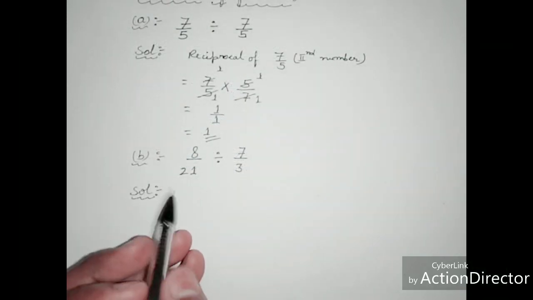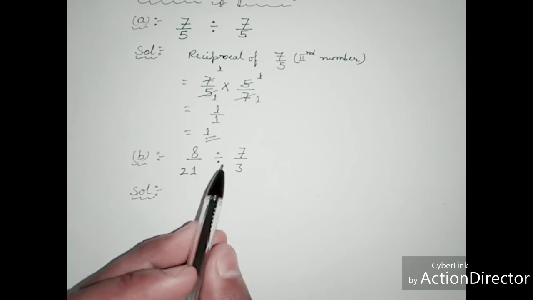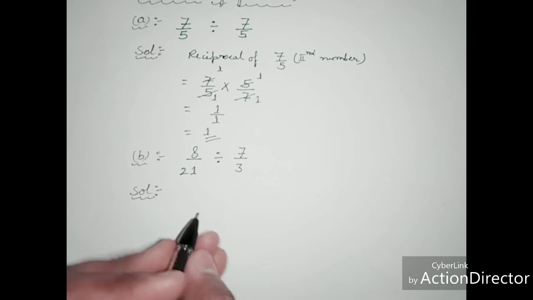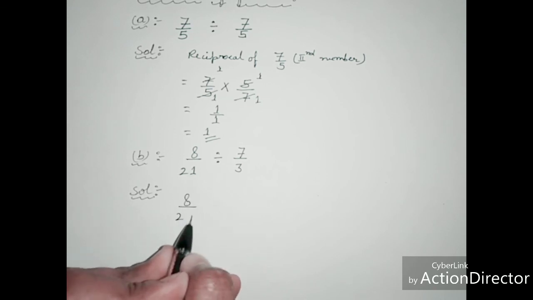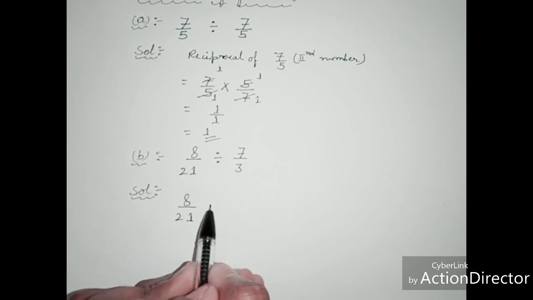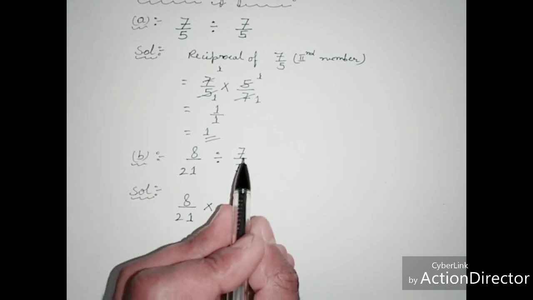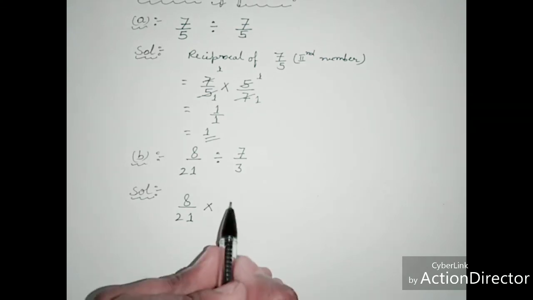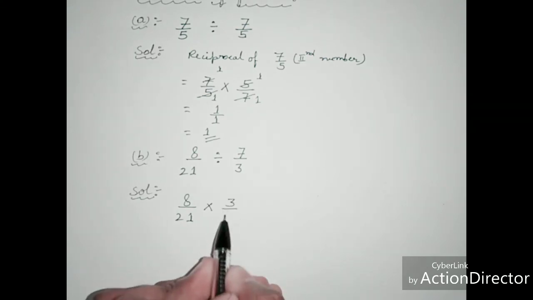Now example number B, 8 upon 21 divide by 7 upon 3. So first we take the reciprocal of 7 upon 3. So 8 upon 21, this divide symbol changes into multiplication, and numerator changes into denominator and denominator changes into numerator. So 3 upon 7.